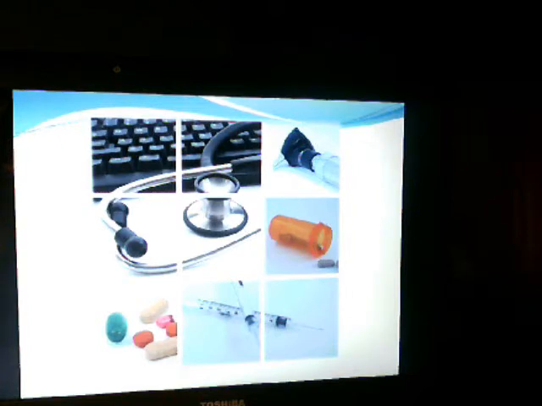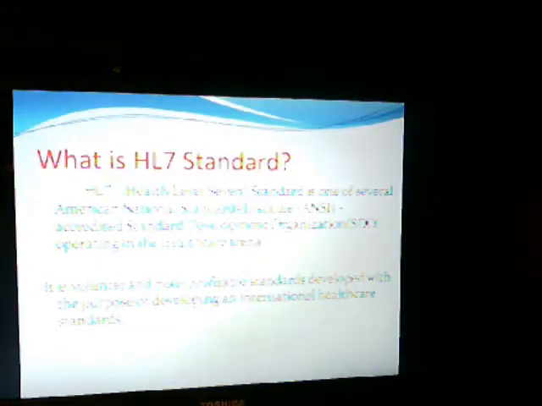these systems need to communicate with each other frequently, and this is where HL7 is the main guideline which helps healthcare systems communicate with each other within or outside the organization. We can describe HL7 as a voluntary and non-profit standard developed with the purpose of developing international healthcare standards.